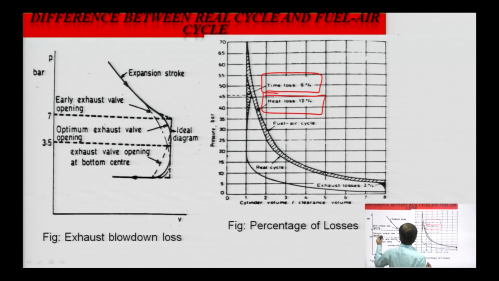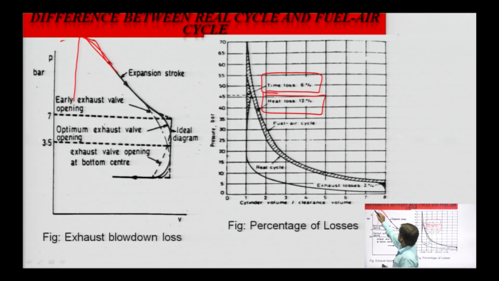Now, come to what is exhaust blow down loss. It is the expansion process, similar to that for the Otto cycle. Let it be somewhere here. So, expansion starts from here.